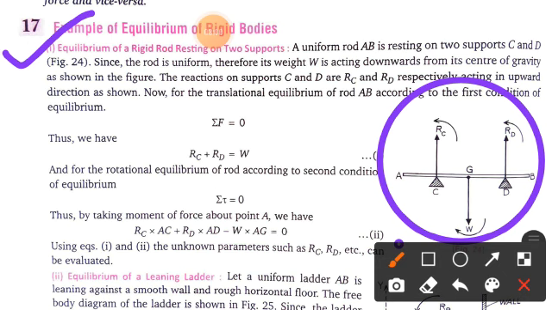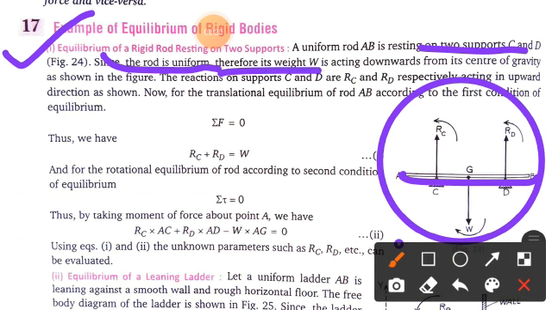So a uniform rod AB, as you can see from this figure, is resting on two supports C and D respectively, figure number 24. Since the rod is uniform, its weight W acts downward from its center of gravity as shown in the figure. The reactions at supports C and D, RC and RD respectively, act in the upward direction as shown in the figure.